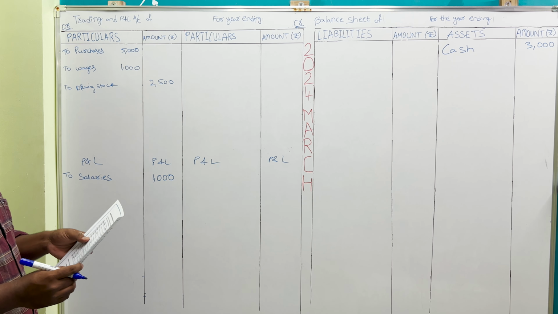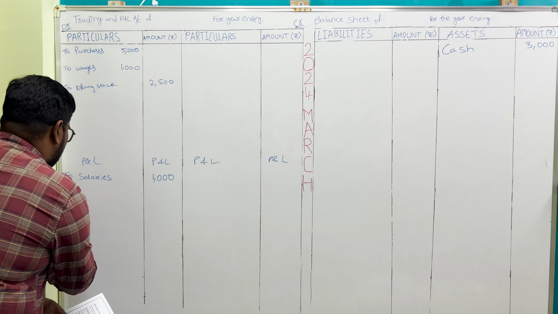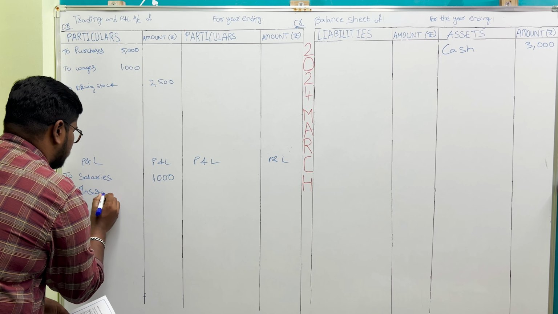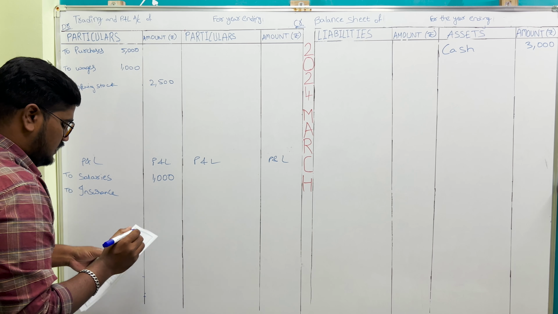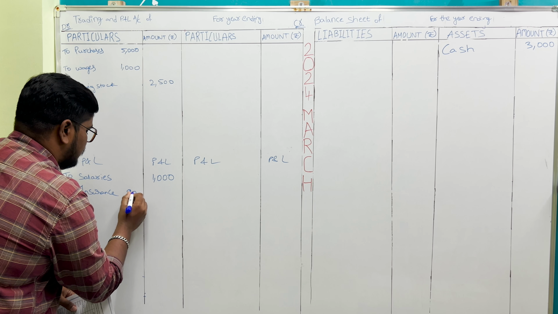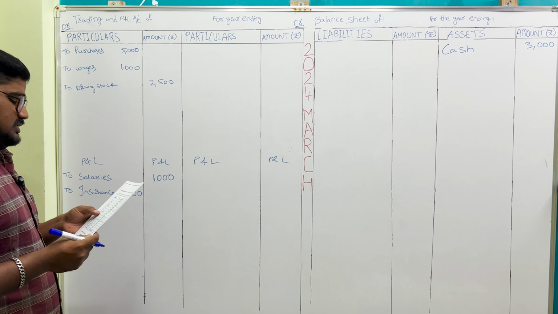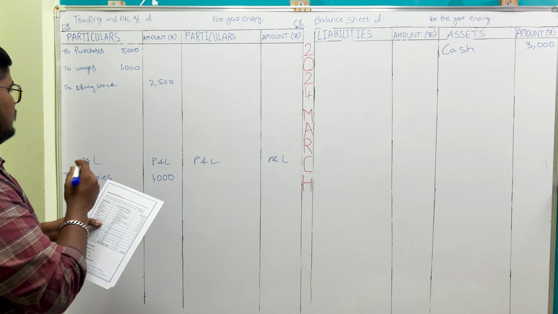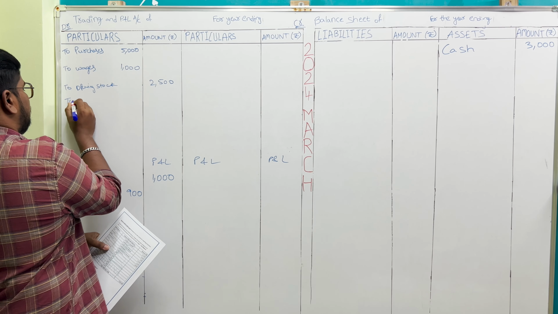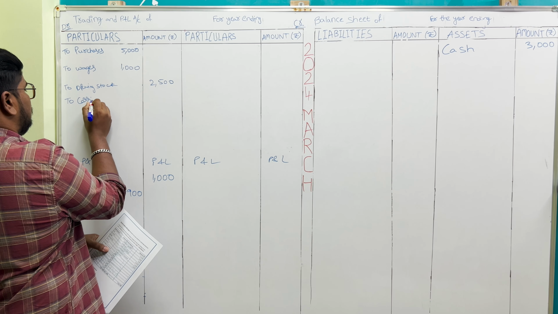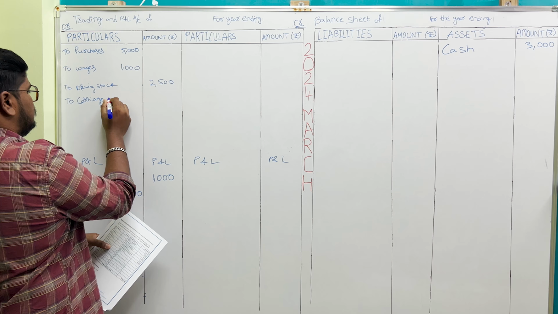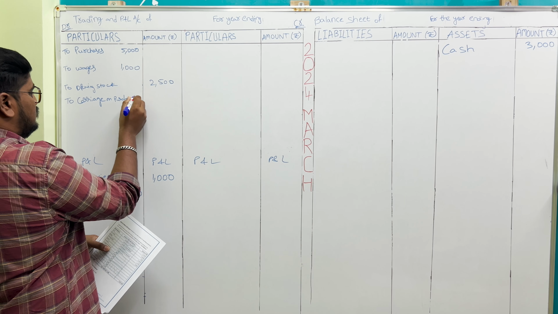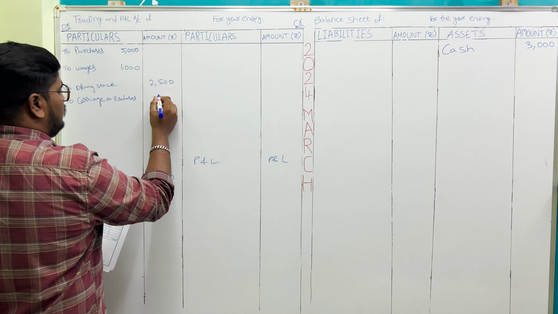Next, insurance. Write the amount in the inner column because we have an adjustment. Next, carriage on purchase. We are purchasing raw material, and carriage on purchase would be trading account, 500.